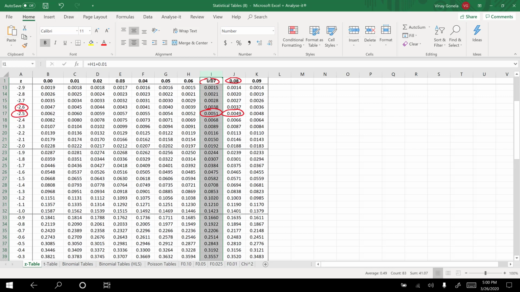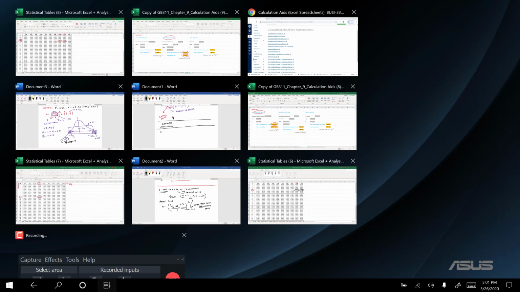This is negative 2.57 or 58, not 6. So negative 2.58 or 57. So I usually take even numbers. So again, that's my preference. You can take 57, negative 2.57.